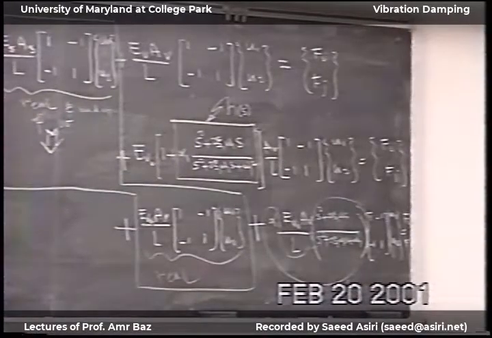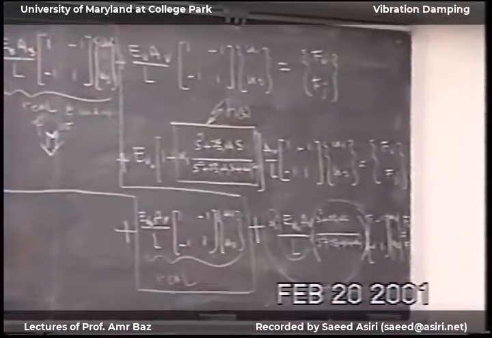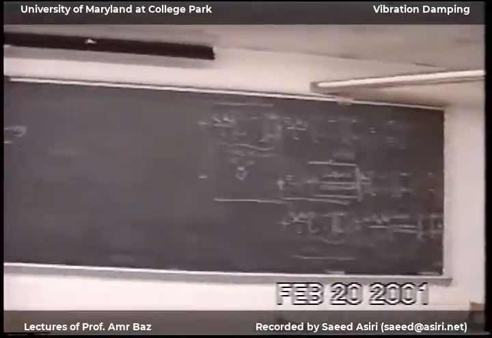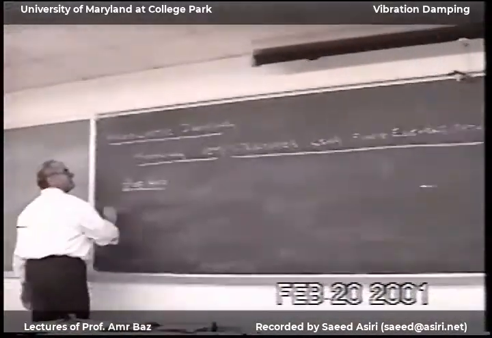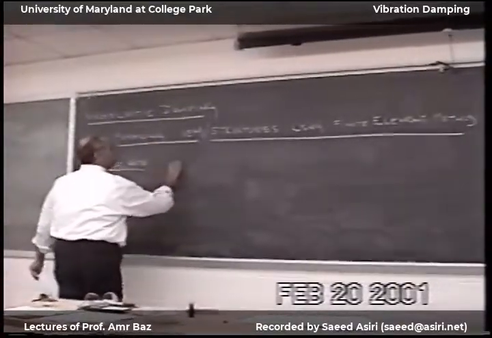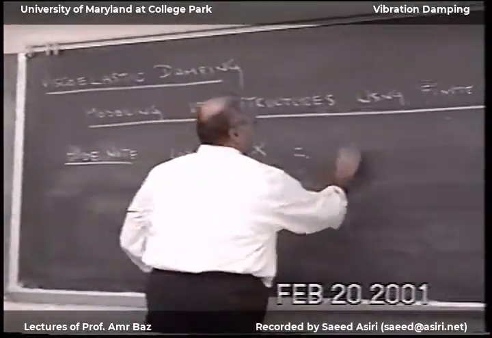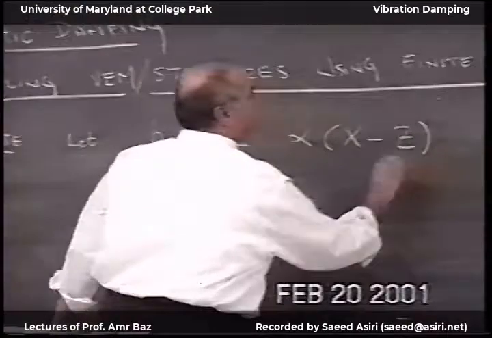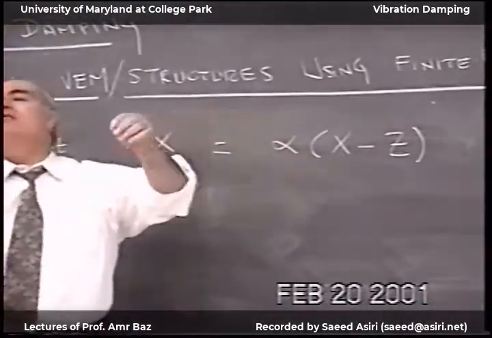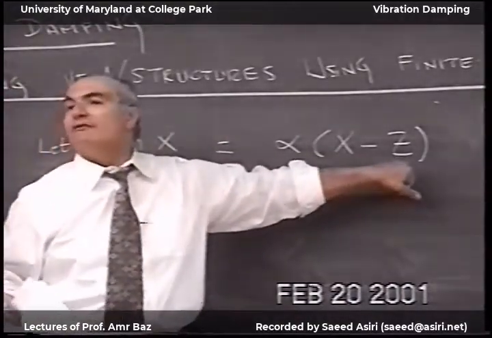Now I'm going to take a little note on the side. On a side note, we'll say, let, for example, H x is equal to alpha x minus z. X, in my case here, is ui and uj. So z is the internal degrees of freedom of the viscoelastic.